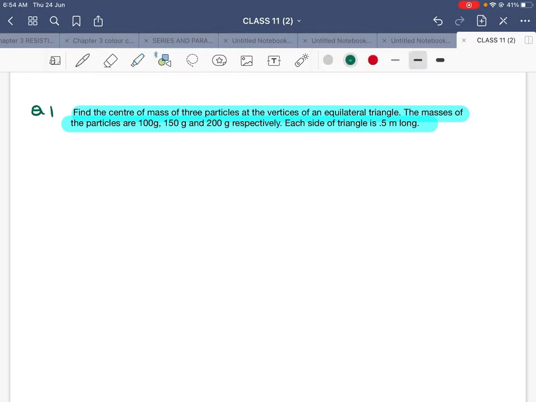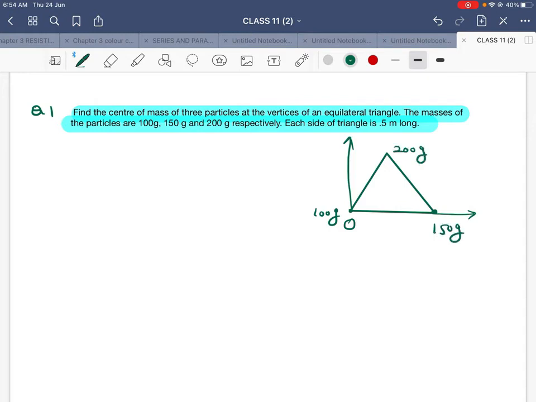First of all, we have to consider the origin. Let the triangle have sides of 0.5 meter each. Consider this point as the origin, with the x-axis and y-axis. Here the mass is 100 gram. The second point has mass 150 gram, and the third is 200 gram.